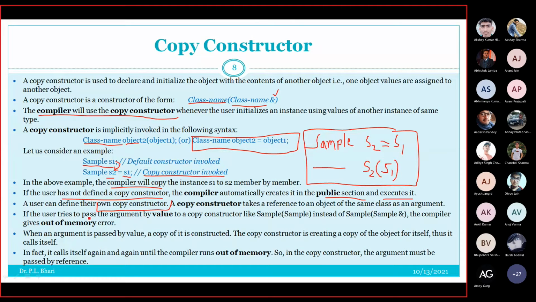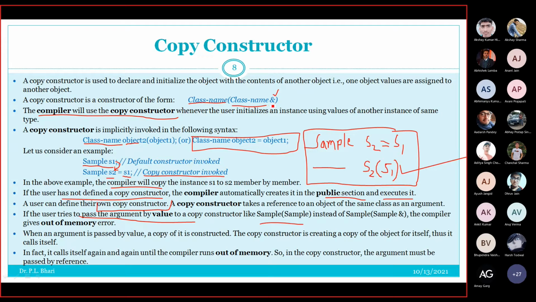Okay, same argument. If you can pass it as parameters, then it is simple, there is no problem. You have to read this statement. If the user tries to pass the argument by value, there are two types of arguments called by value and by reference.